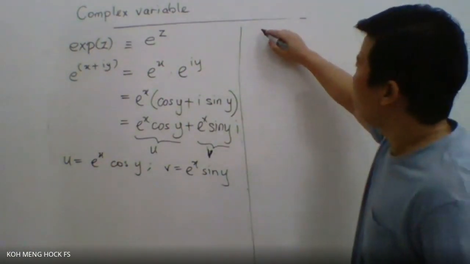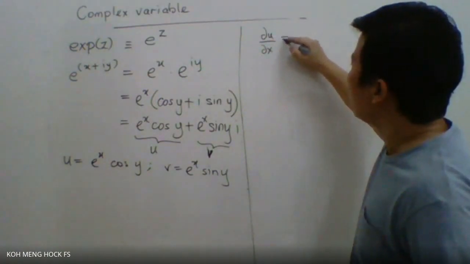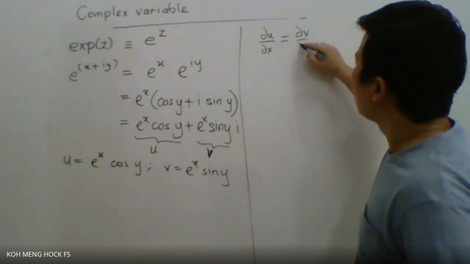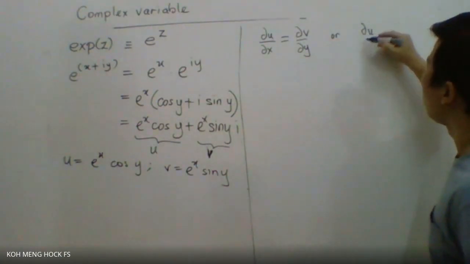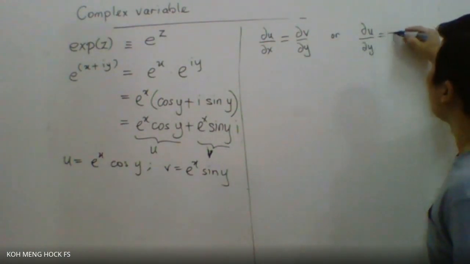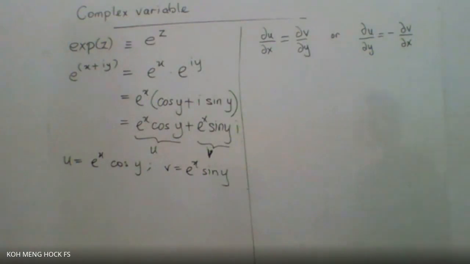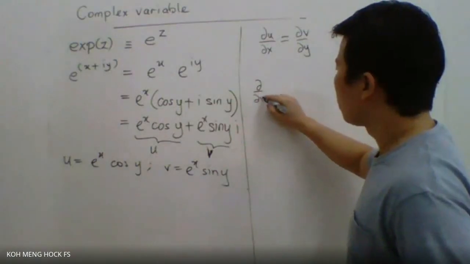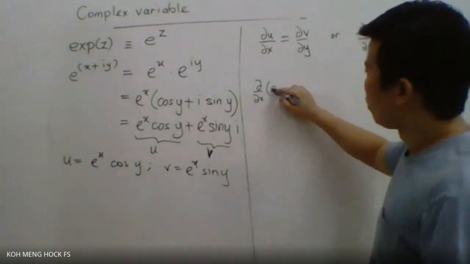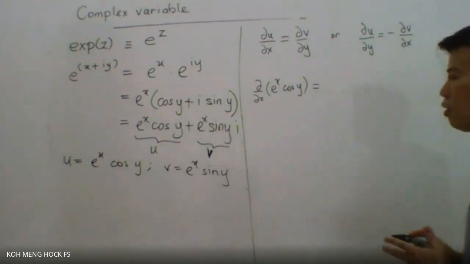So just now the Cauchy-Riemann conditions are: partial derivative of u with respect to x equals partial derivative of v with respect to y, and u_y equals minus v_x. So now what you need to do is take this one, the x derivative of u. What do you get? e^x cos y. Yeah, very good.